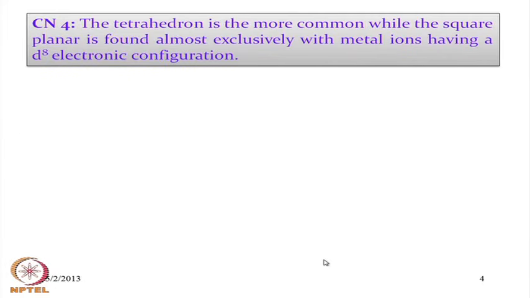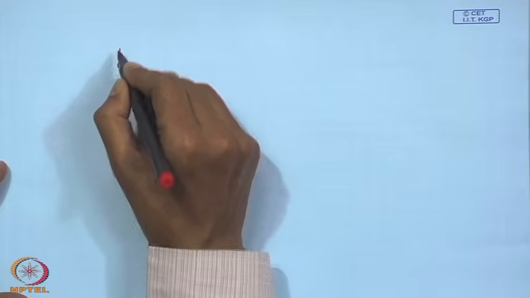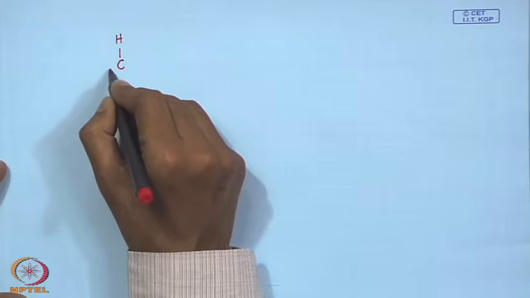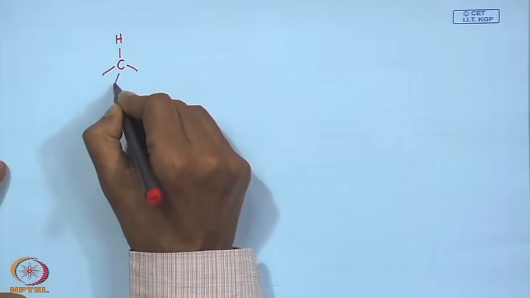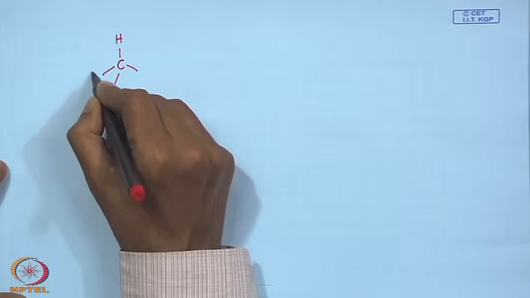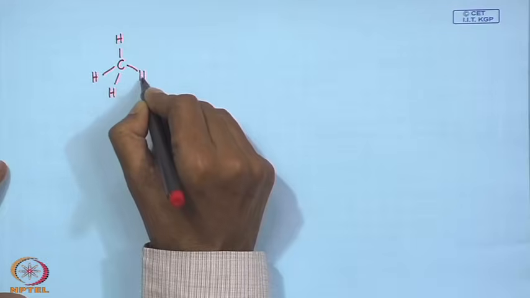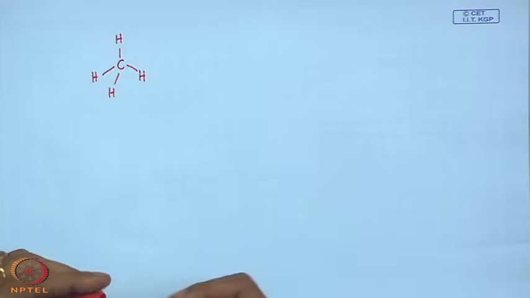Then we move on to a typical coordination number which is very much available to us, the coordination number of 4. Once we have a coordination number of 4, the compound we have in our mind is the simple one we study from our school days, the methane molecule. Methane has a coordination number of 4.